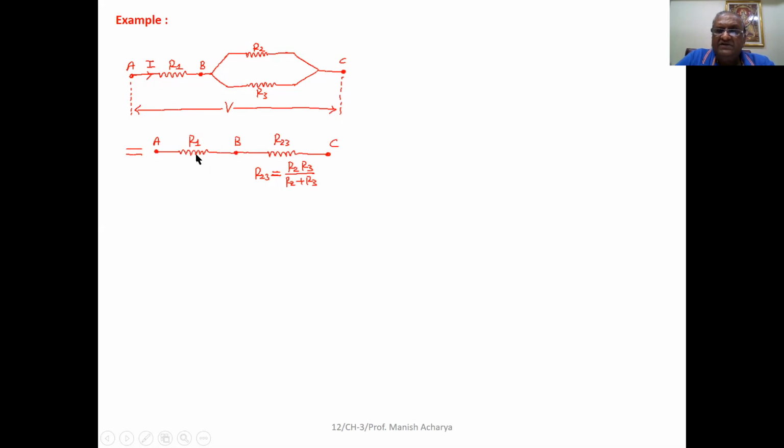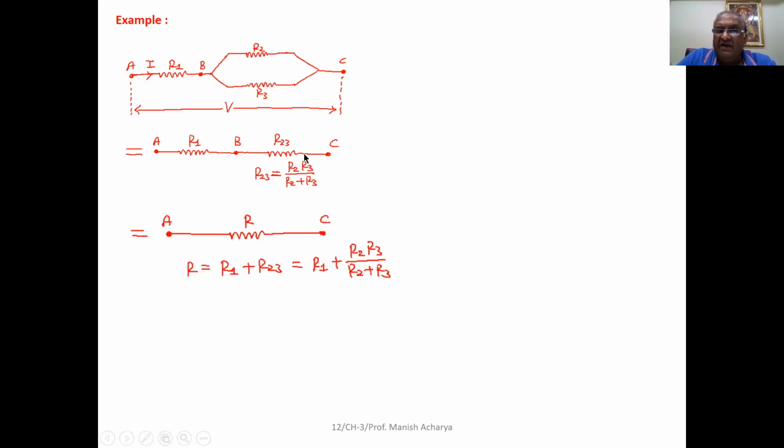A to B resistor R1 as it is, and B to C, this parallel combination is replaced by one resistor R23. Now you can understand here this resistor R1 and this resistor R23, these two are in series.